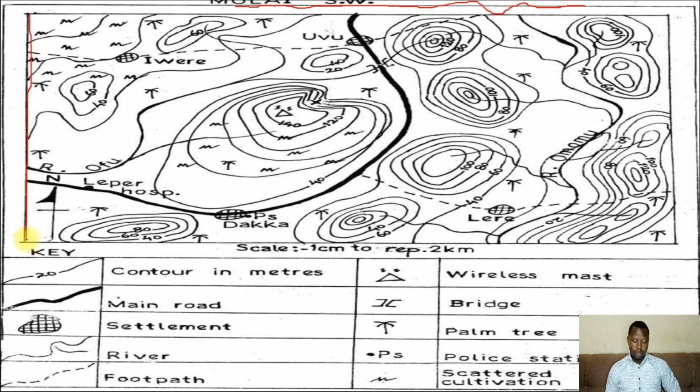So please take note, these are the areas we need to measure. This is your breadth, and you can measure here, which is your length. So from here to this place is your length. So when you finish measuring it, then we can proceed. You take note of the scale as well. So these are the ends you need to measure your map.